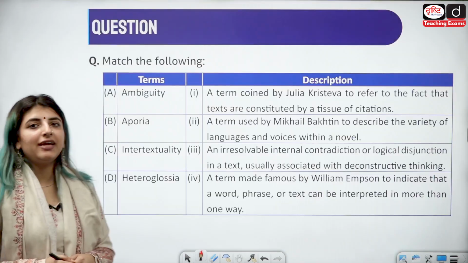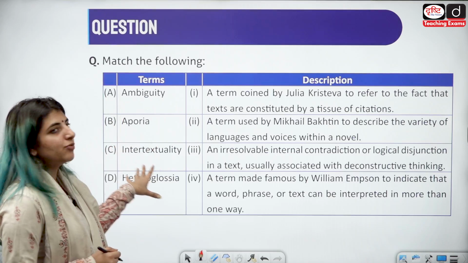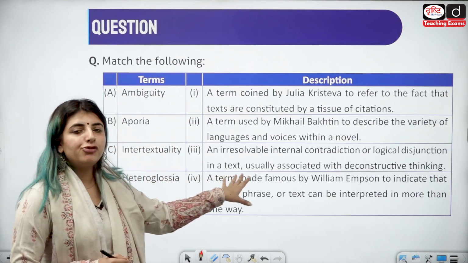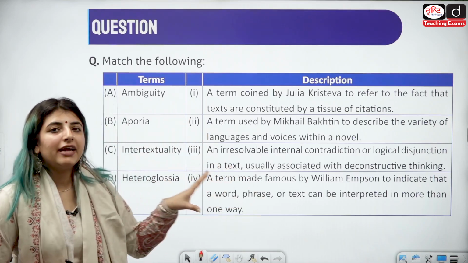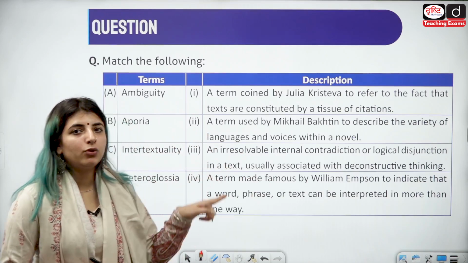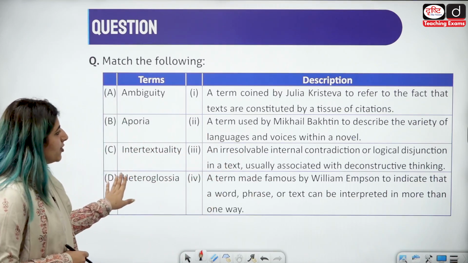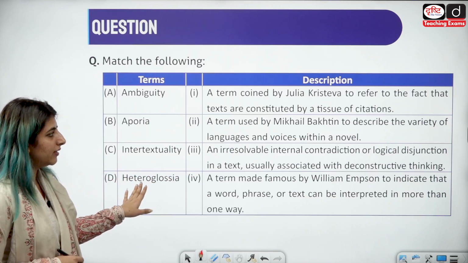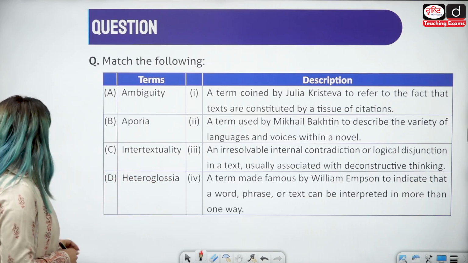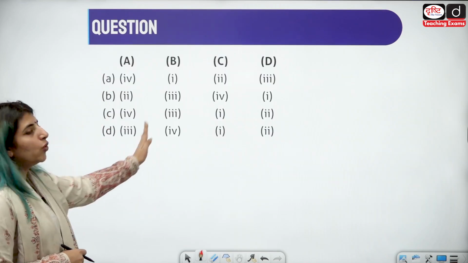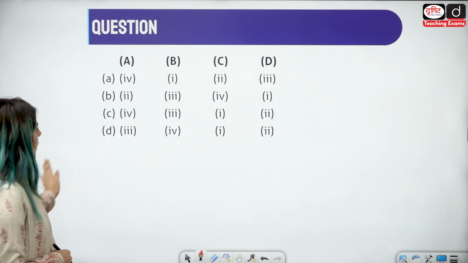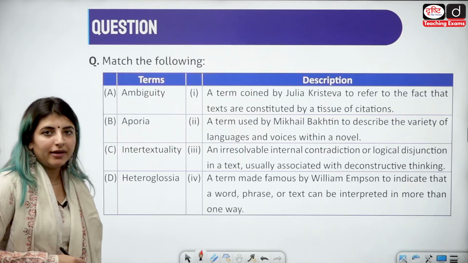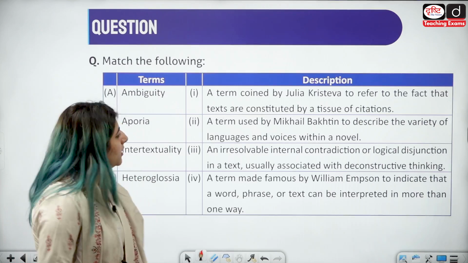So the first question that I have is that there are multiple terms here and you are supposed to relate and find the description of the terms from the codes that are there. So first pause your screens. Right, and then move forward with the code, whatever you feel is the right one. Correct?